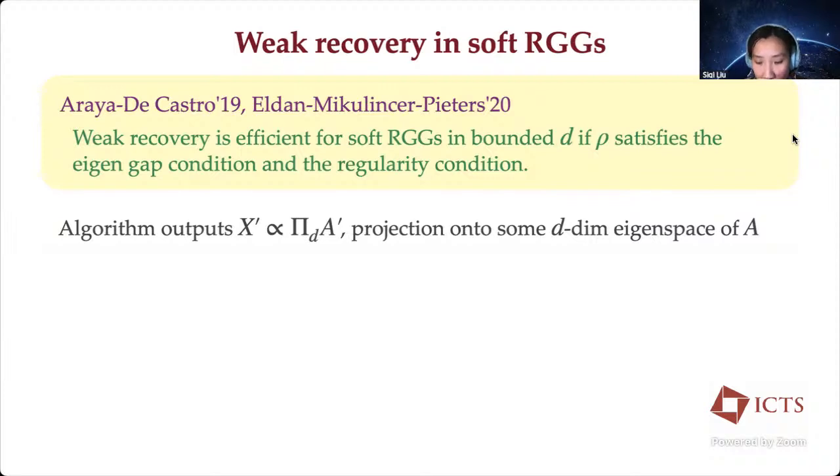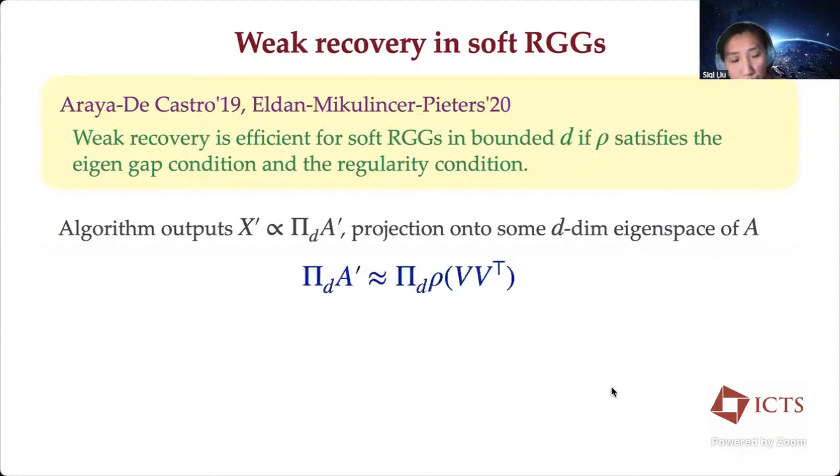The algorithm they're looking at is actually quite straightforward. They take the adjacency matrix A of the input graph, project it onto the top D dimensional eigenspace of A, and then rescale the matrix properly to get the output X prime.